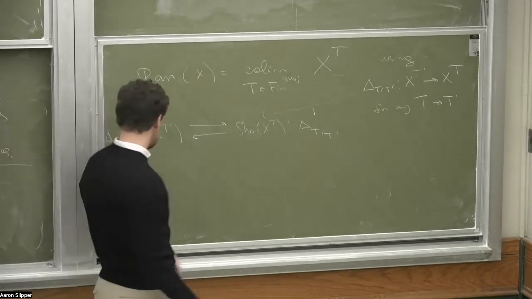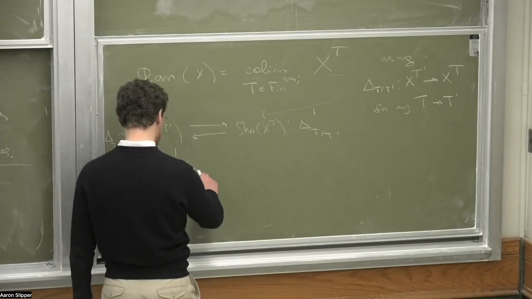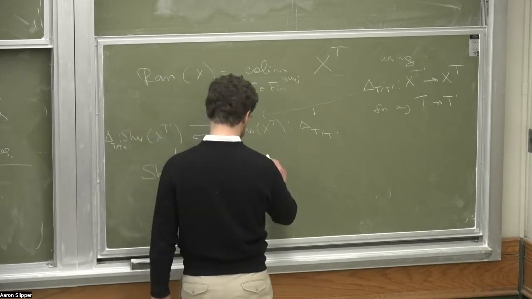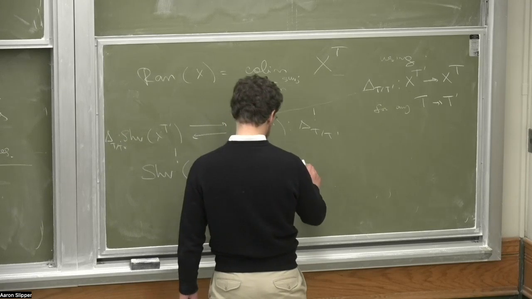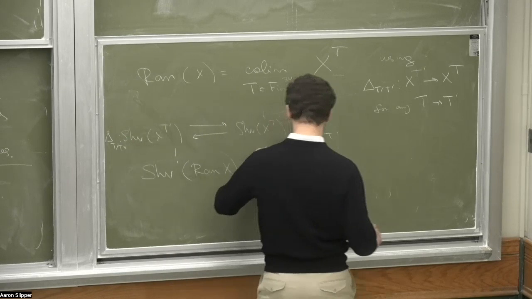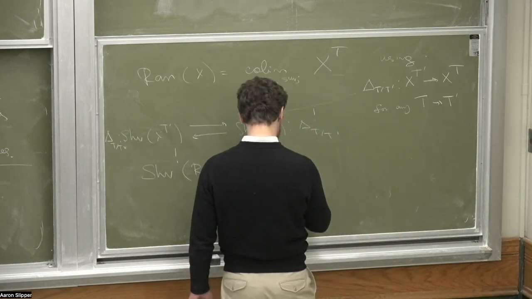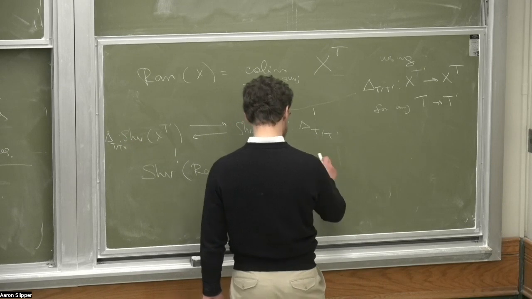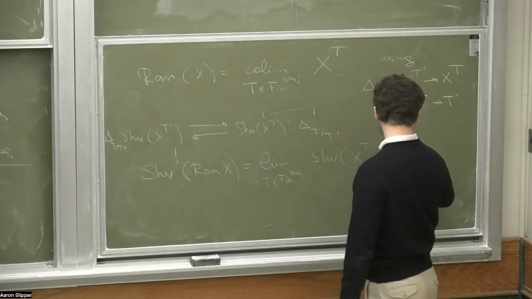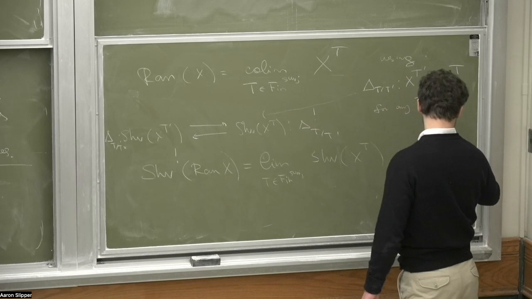Okay, so we have this situation, and now what we can do is take the limit of all categories of sheaves on the whole non-empty sets and surjective maps, using pullbacks.